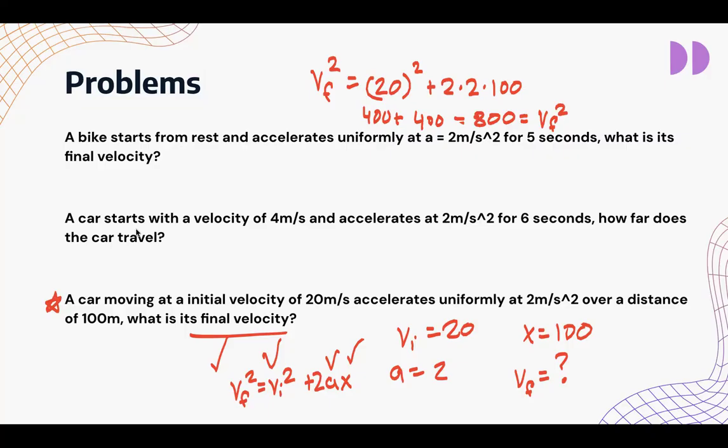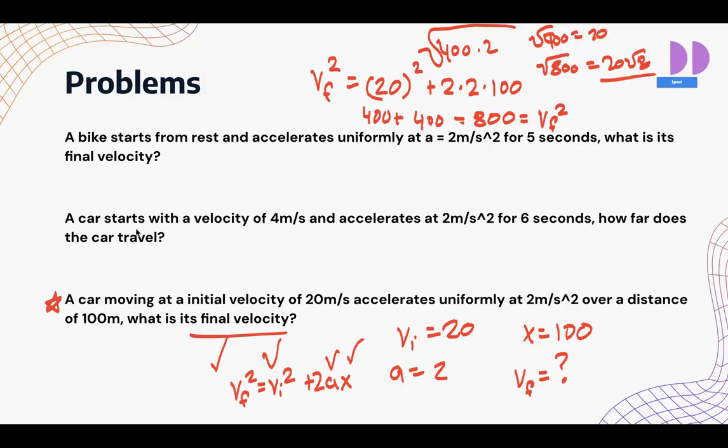do you guys know that the square root of 800 is just equal to 20 square root 2? Do you guys know that? Because 400 times 2 in square root form, the square root of 400 is equal to 20, and the square root of 2 is square root of 2.